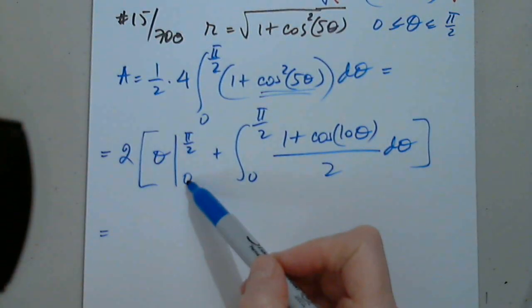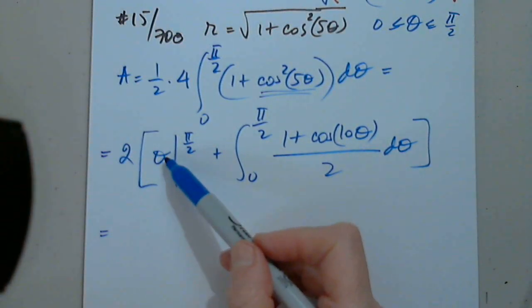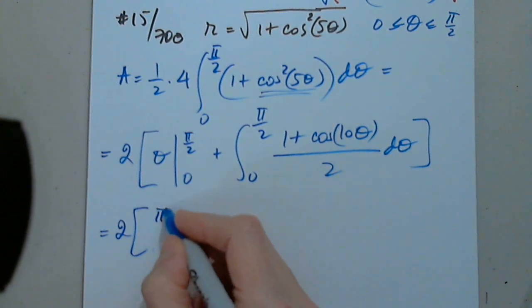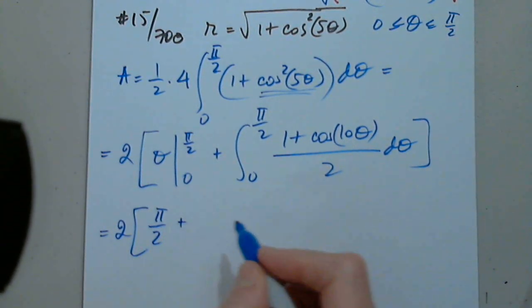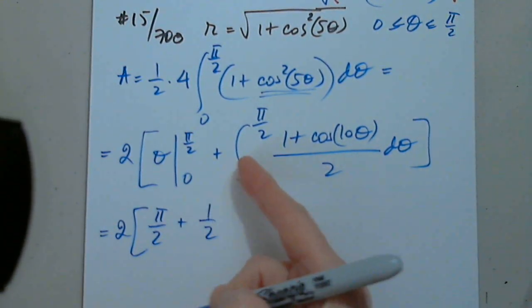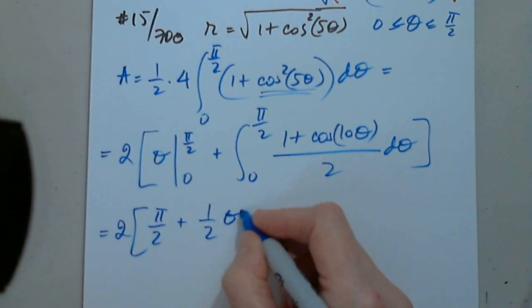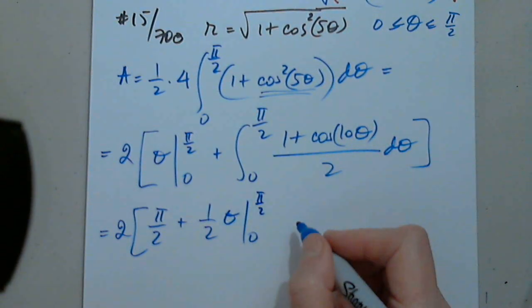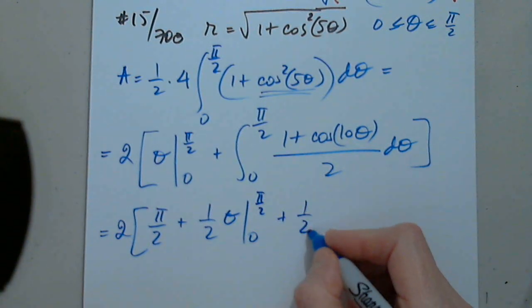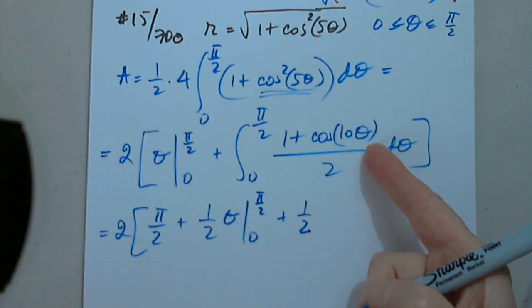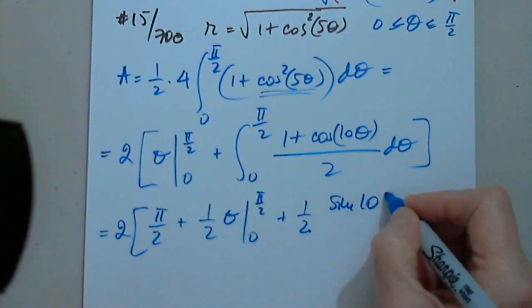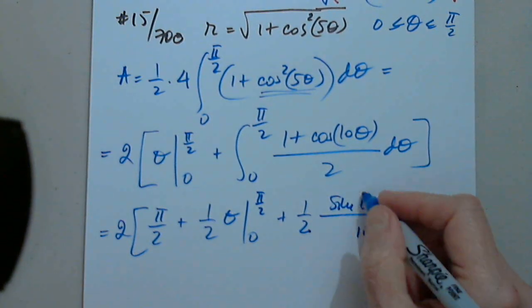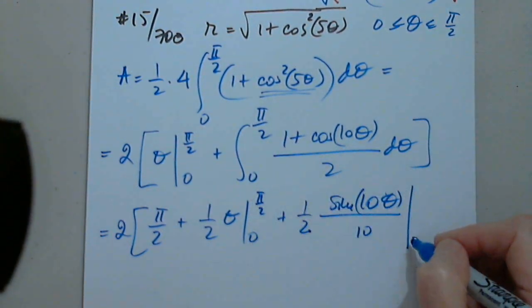So pi over 2, there is no point in plugging in 0, so 2 outside, and pi over 2, and then plus 1/2 the integral of 1, which will be theta, from 0 to pi over 2, and plus 1/2 the integral of cosine 10 theta, which is sine 10 theta over 10, from 0 to pi over 2.